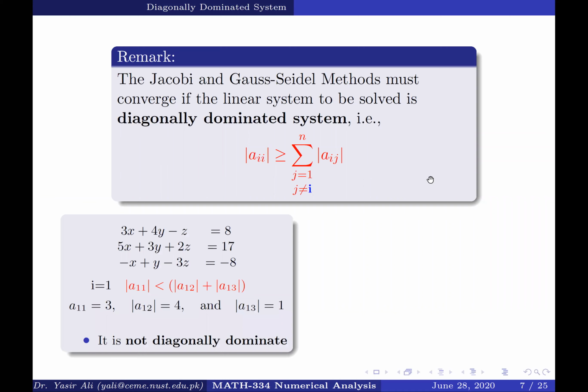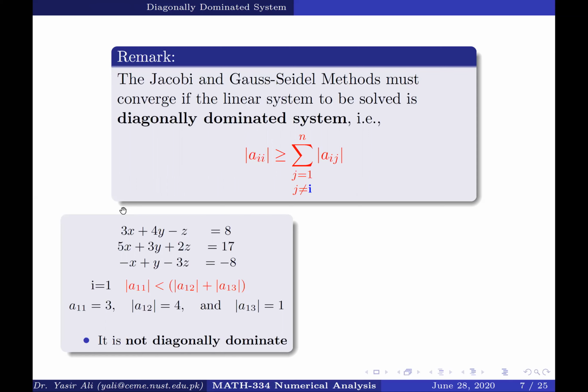Consider this system. In this system, we can see 3, 4, -1. These are the entries in the first row, where the diagonal entry is A11 and the off diagonal entries are A12 and A13.